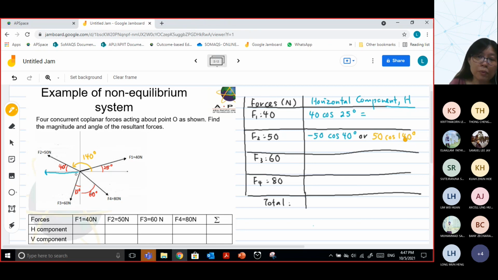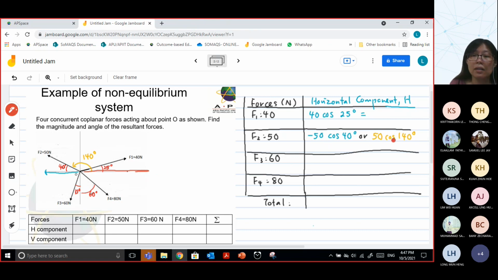So when you put the angle that you measure from the positive x-axis, another way is that the angles you put are all measured from the positive horizontal x-axis.